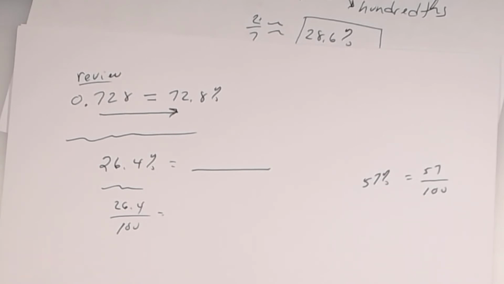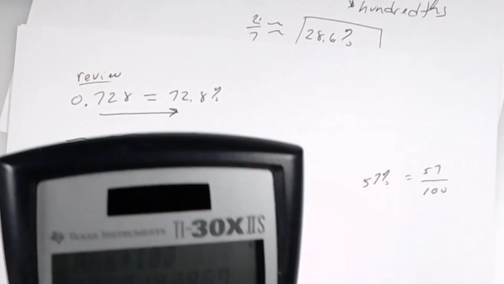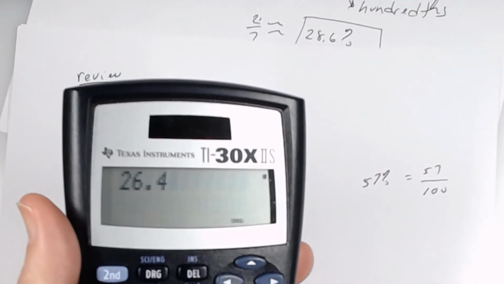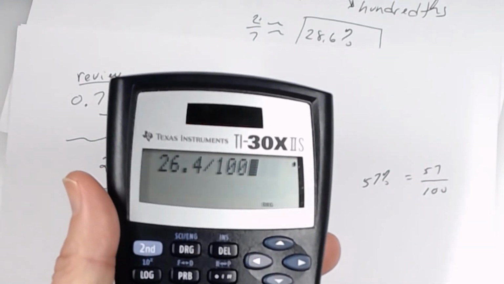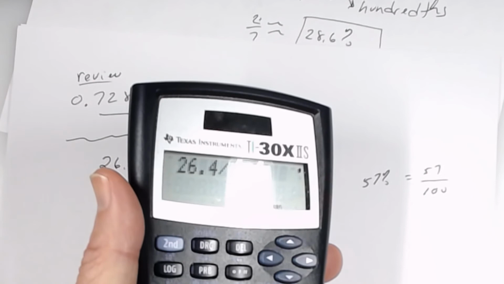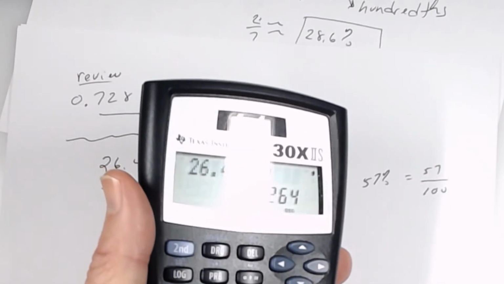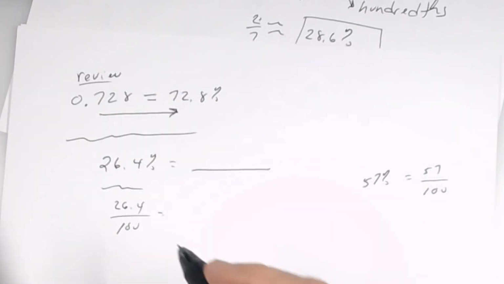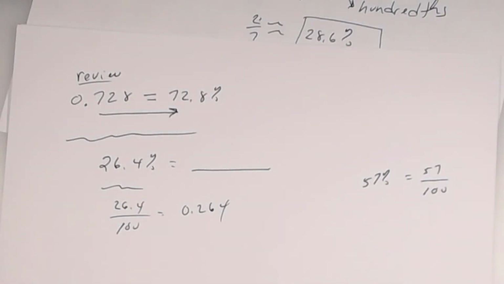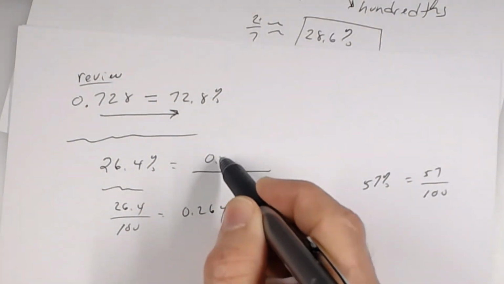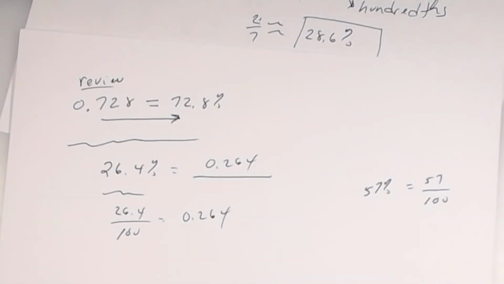And notice what you have. Press equal, and you get 0.264. Isn't that the same thing as move the decimal point 2 places to the left? Okay. So this is 0.264.